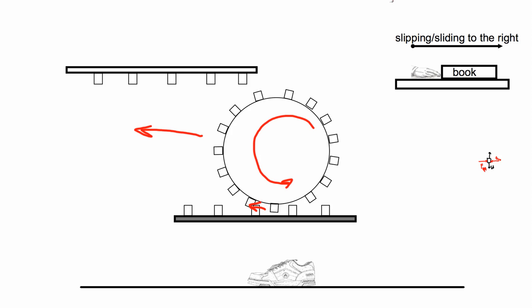Now let's look at a case where friction would be the other way on a wheel, because there are such cases. So let's say instead of having a wheel that's driven, let's imagine this is the rear wheel of your car. The rear wheels are not driven by the engine.